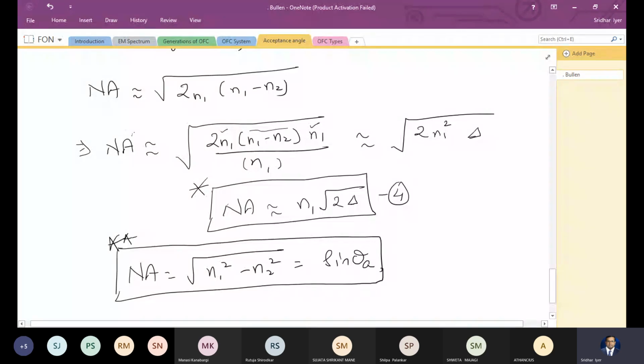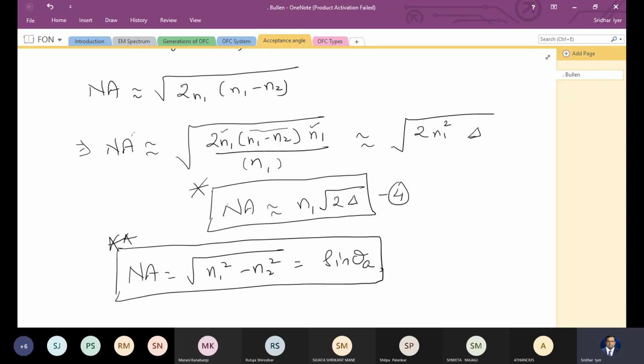So based on which values are given in the numerical, we should be in a position to use the right equation to find the values. Let us see if we can solve some numericals based on this. Or let me go ahead and explain the types of the fibers, because we have done this refractive index in detail, and then we will solve the numericals.